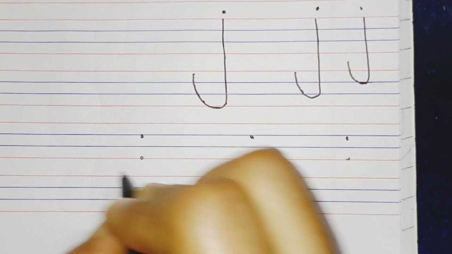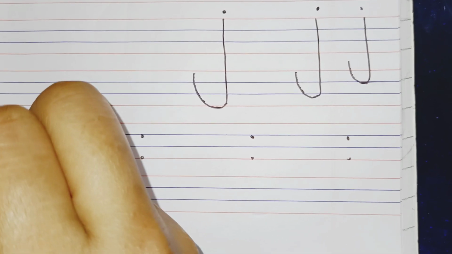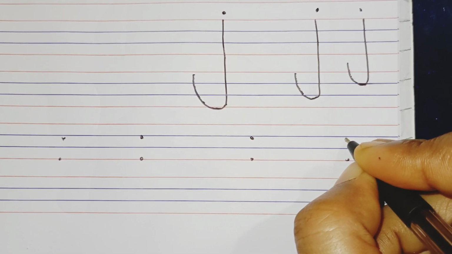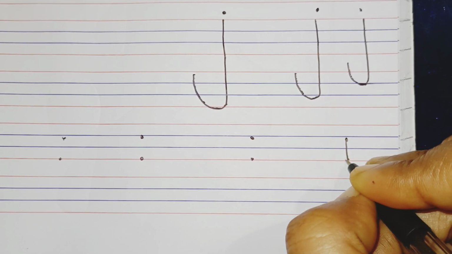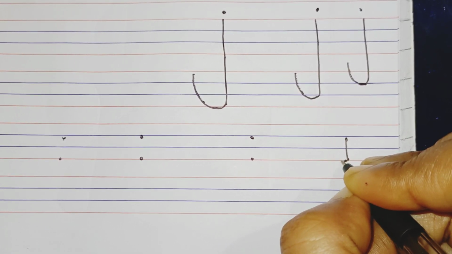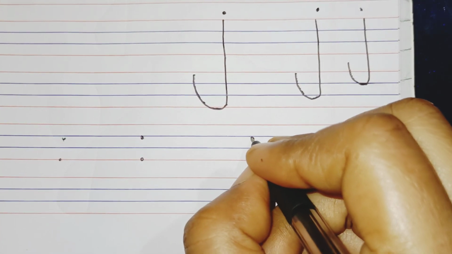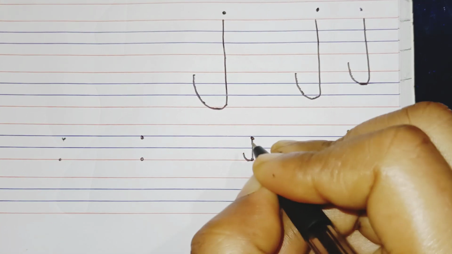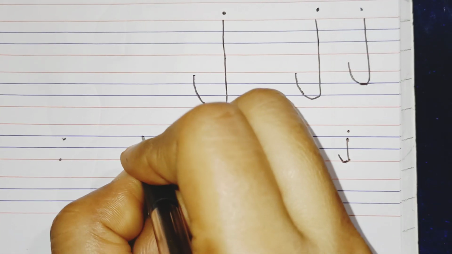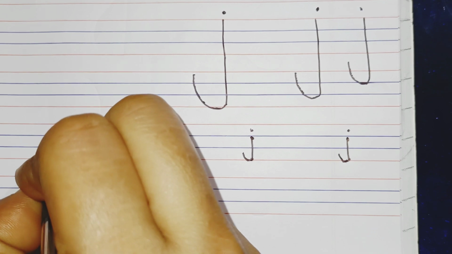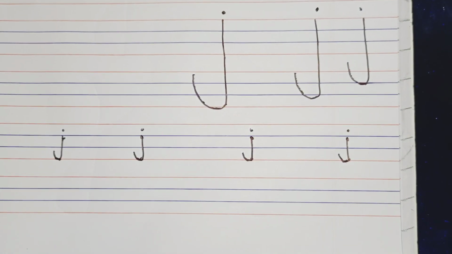That's why I'm giving dots. First of all, we'll join these 2 dots by one standing line, and from the down section of this standing line, we'll make one curve and then a dot. Again, see. By this kind, we'll make small j.